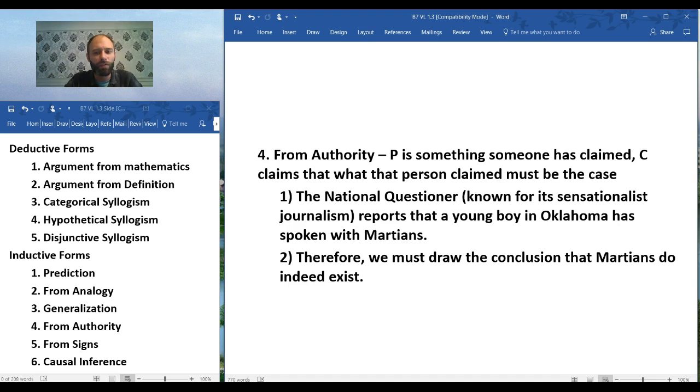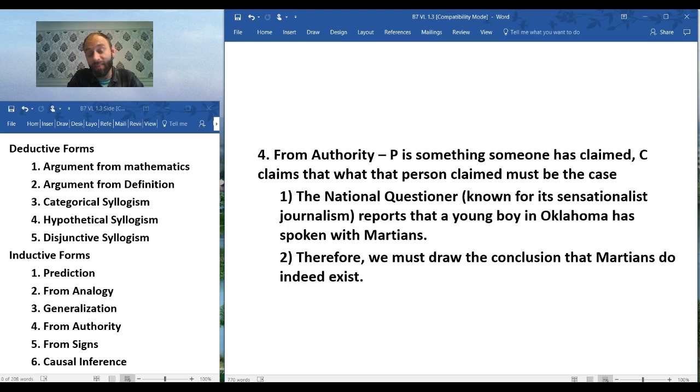The National Questioner, known for its sensationalist journalism, reports that a young boy in Oklahoma has spoken with Martians. Therefore, we must draw the conclusion that Martians do indeed exist. So the premise here is something somebody claimed. In this case, the National Questioner claimed that somebody talked to a Martian. And the conclusion just says, well, that has to be true based on their authority, right?